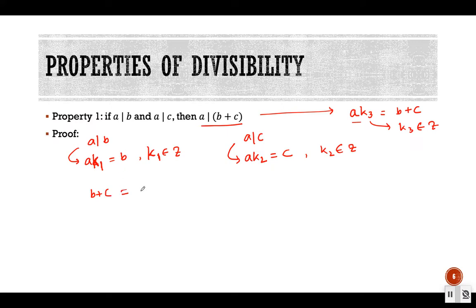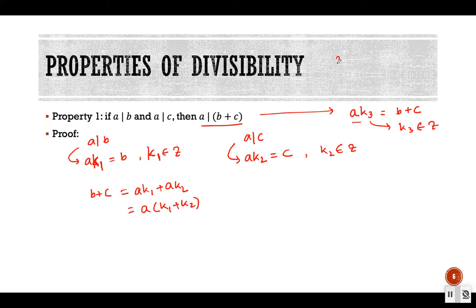So here b plus c is a times k1 plus a times k2. Simple. So a times (k1 plus k2). Now k1 is an integer number and k2 is an integer number. If we have two integer numbers and we add them, the result will also be an integer number.